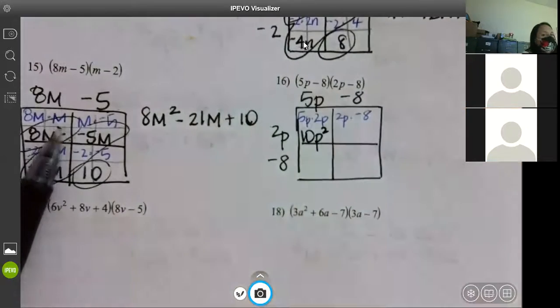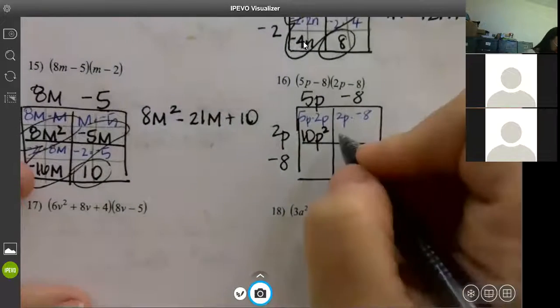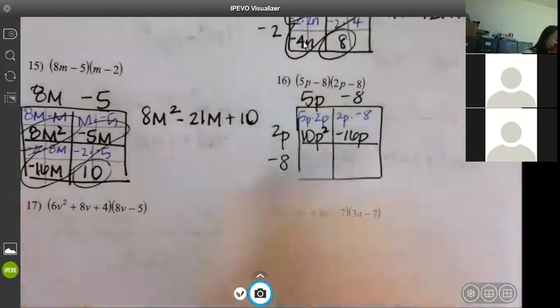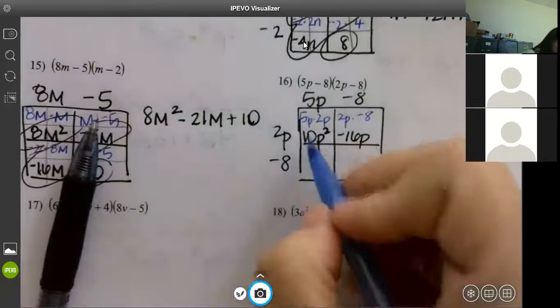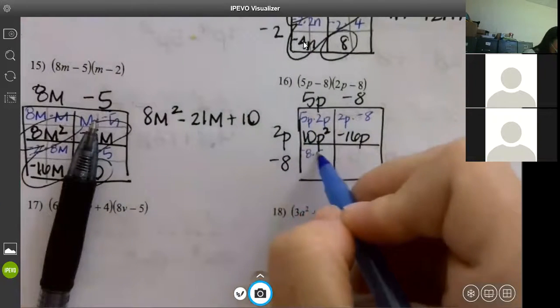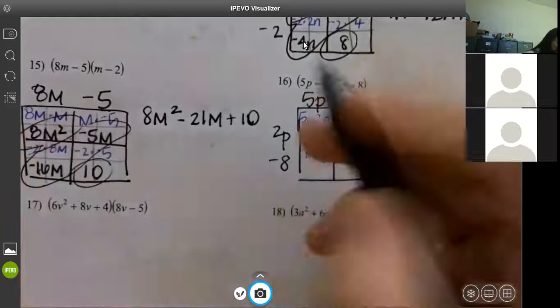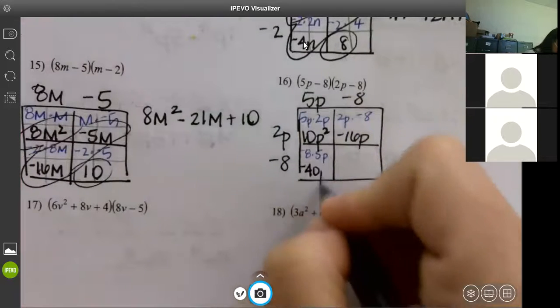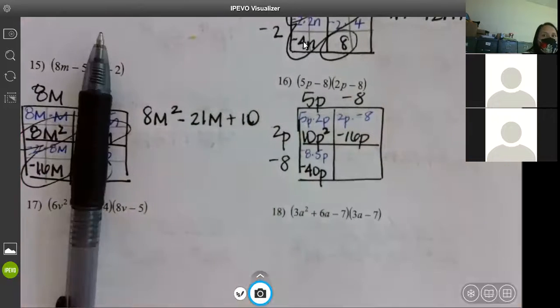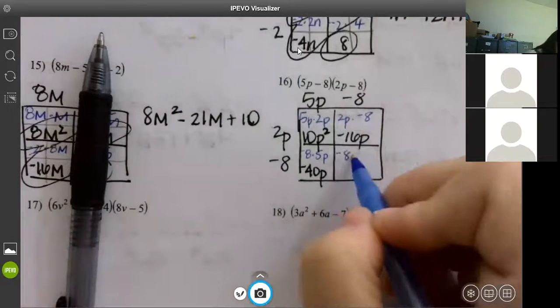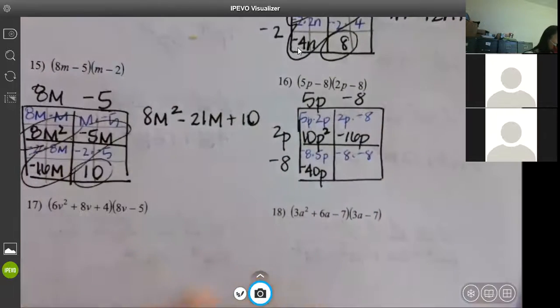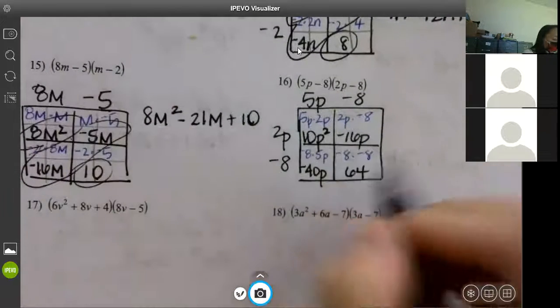In the next box, 2p and -8 gives you -16p. -8 and 5p gives you -40p. And then in the last box, -8 times -8 is a +64.